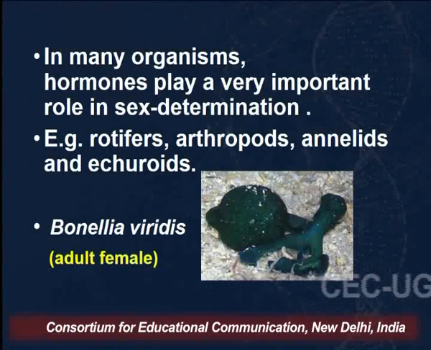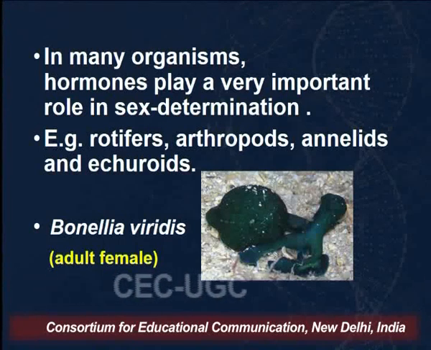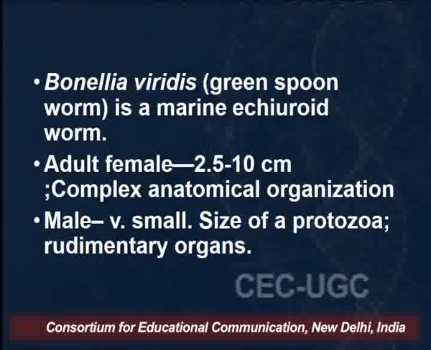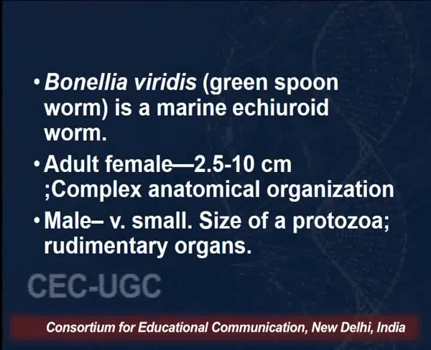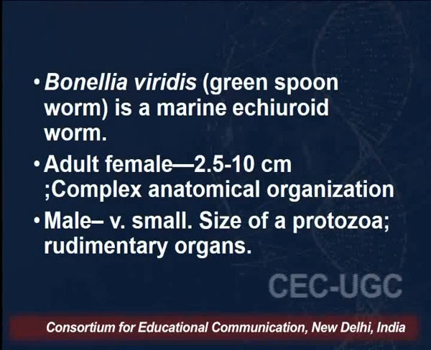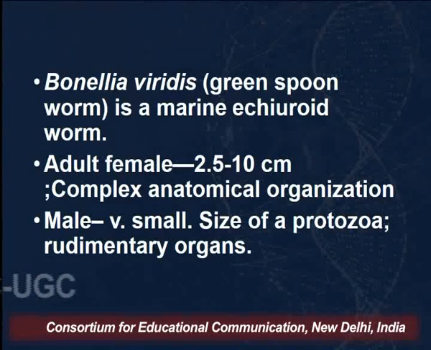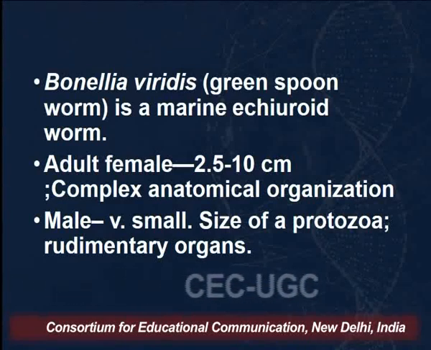We are going to take an example of Bonellia viridis, which is incidentally an echiuroid. And Bonellia viridis is a marine organism. It's an echiuroid worm, and you will find that there is such a large disparity between the size and the internal structure of an adult female and a male.